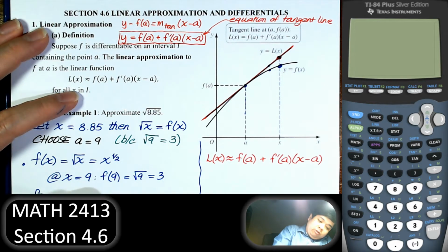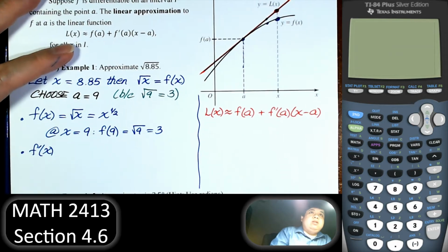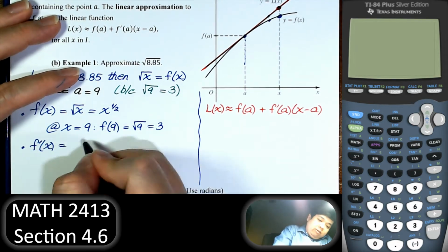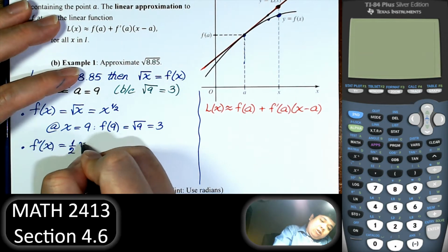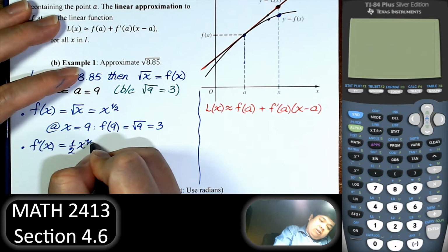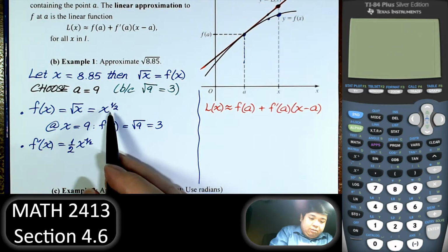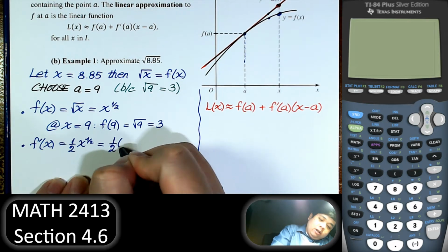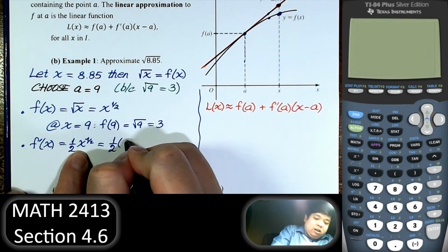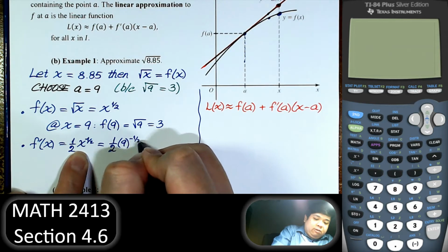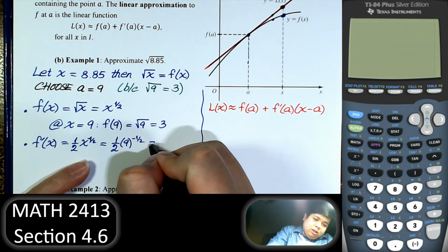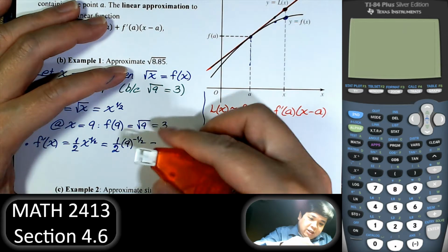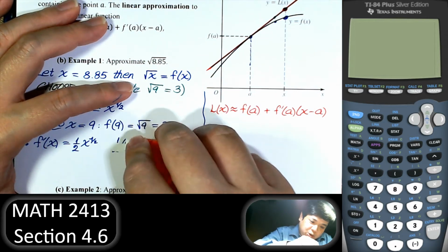Now we find the value of the derivative as well. The derivative is 1/2 x to the negative 1/2, sorry, original power minus 1. So we have 1/2 times 9 to the negative 1/2.